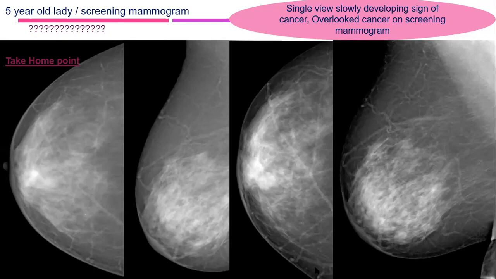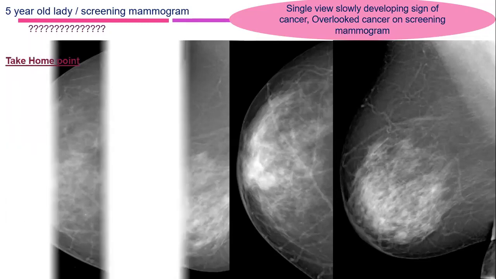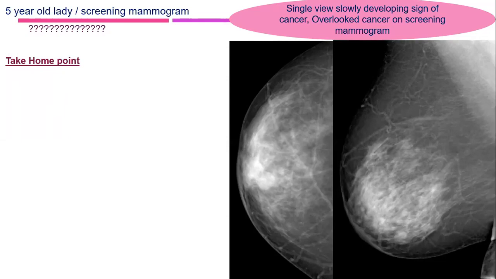Though here it became more appreciable, so I consider it a developing asymmetry. But the associated features, the skin changes, are stable, which can be deceiving, but the patient had breast cancer.